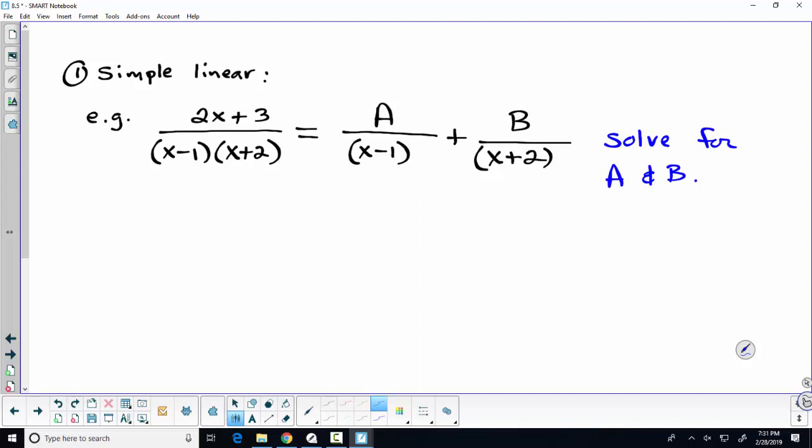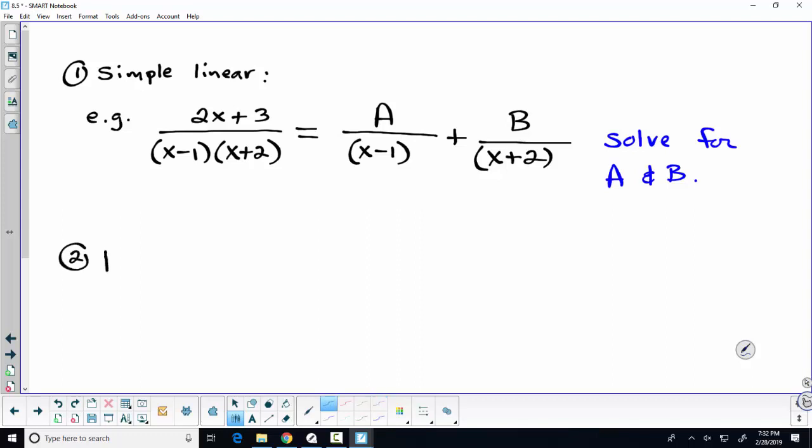So what you end up with is a system of equations that you have to solve, usually, to determine what A, B, C, D, E, F, G are, depending on how many constants you have.